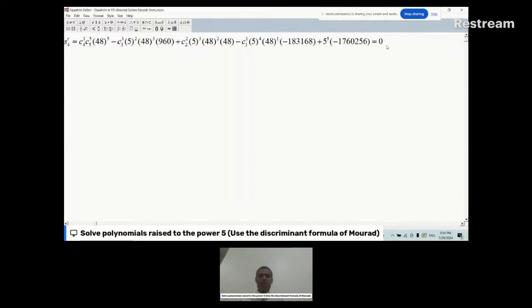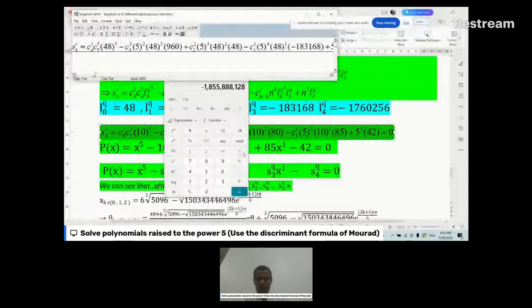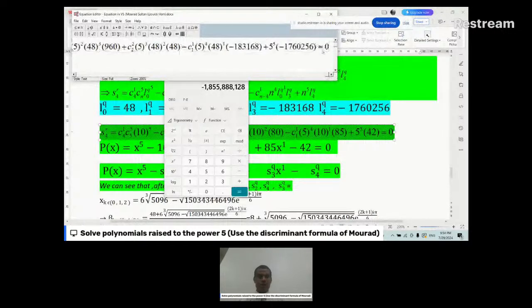So this one is equal, learners, to what? Just make it small, like that. Okay, calculator. We get that it is equal to negative 1,855,888,128.